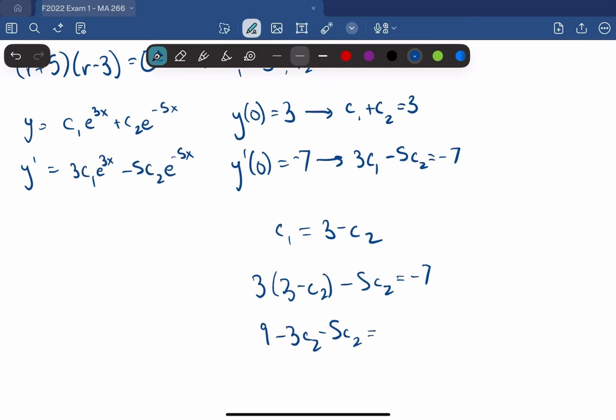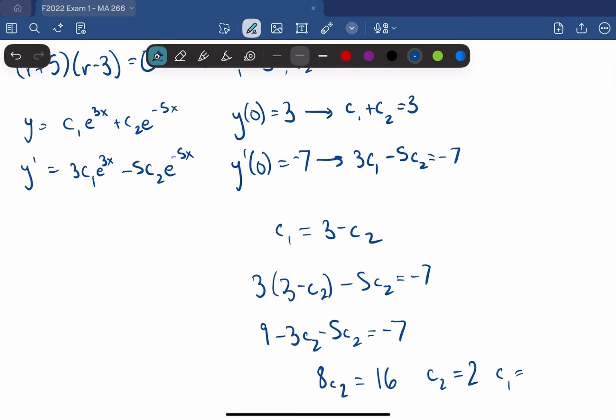And we just combine like terms, and we get 8c2 equals 16. c2 equals 2. And then that means c1 equals 1.